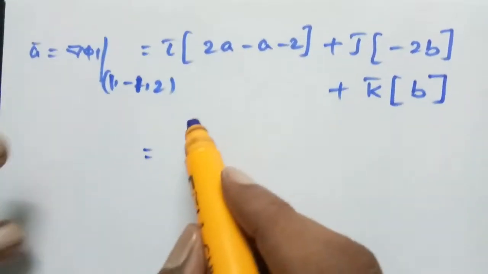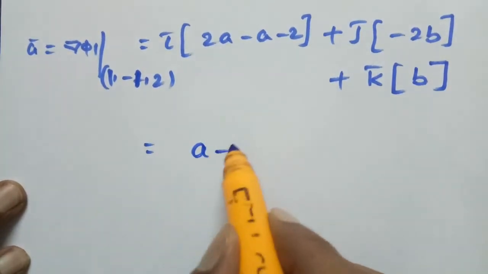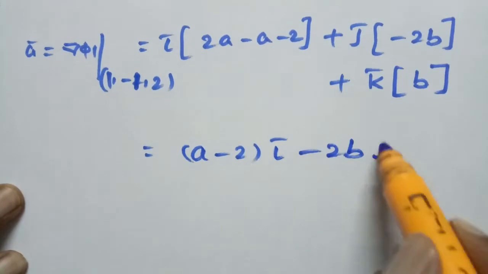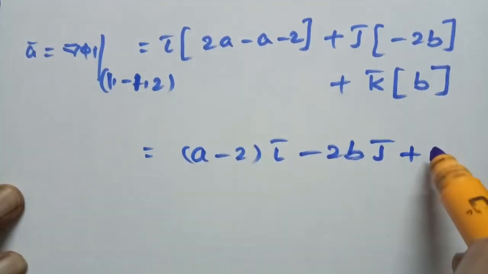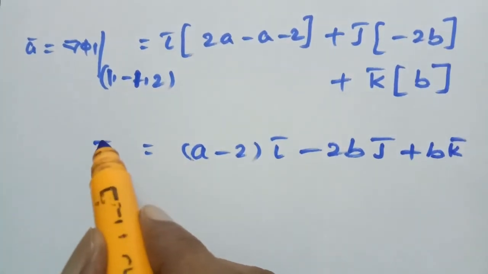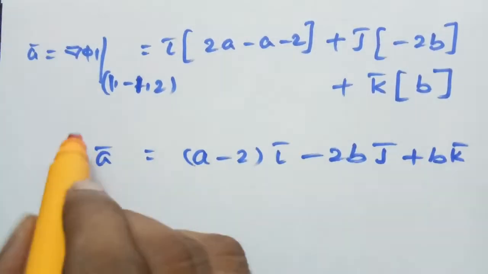Therefore, this is equal to (2a minus a minus 2) i bar minus 2b j bar plus b k bar. This is a bar at the point 1 comma minus 1 comma 2.